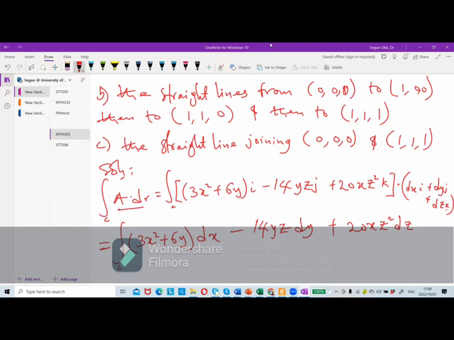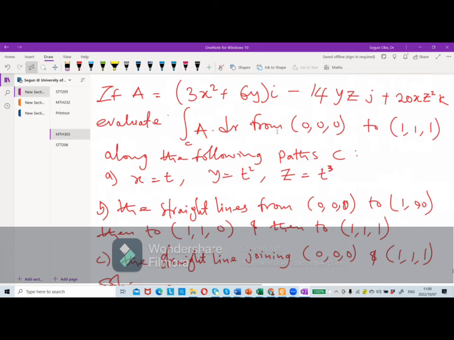So we proceed to solve question A. The A part says, along this path, where x is equal to t, y is equal to t squared, z is equal to t cubed, you need to substitute them.